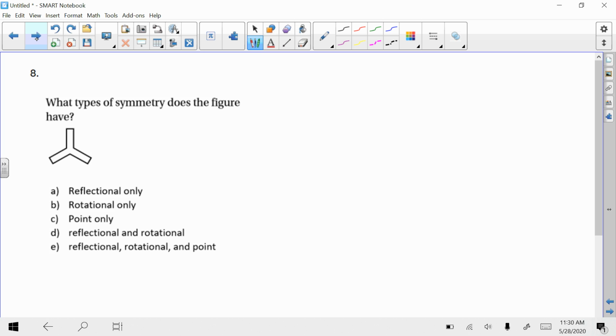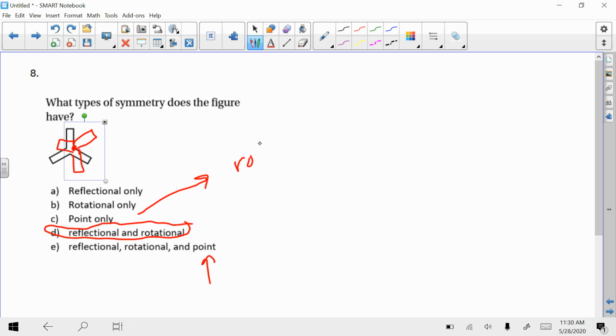All right. What type of symmetry does this figure have? It has reflectional and rotational. I think a lot of people thought it had point symmetry, but point symmetry would be if you reflect it across a point. Like if I reflected it there, you'd have a different orientation of this. So here's the easy way to tell if it has point.